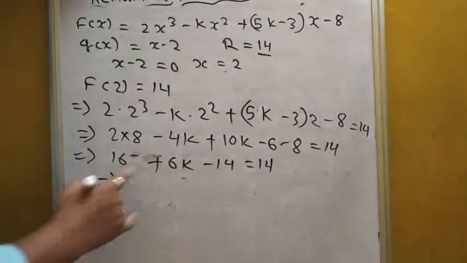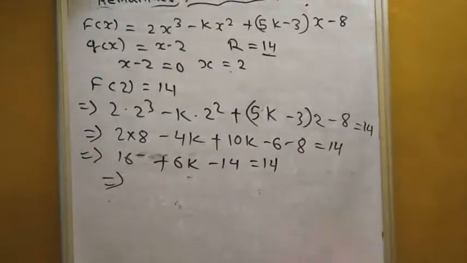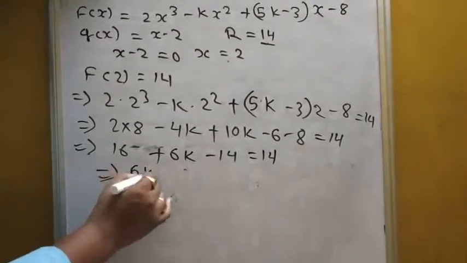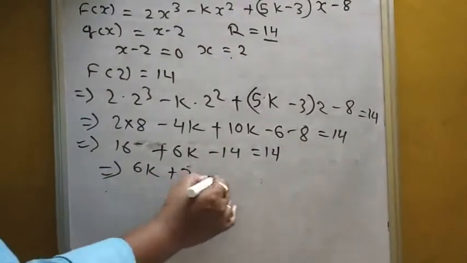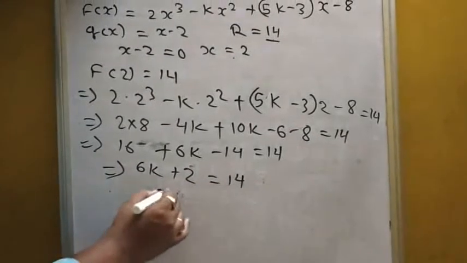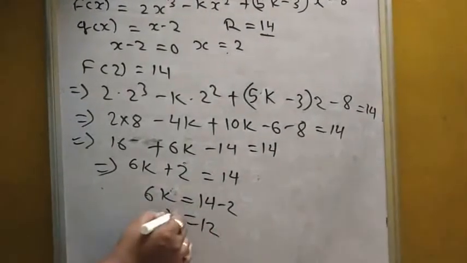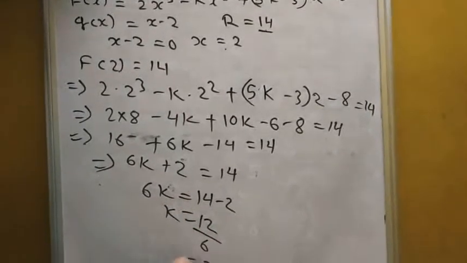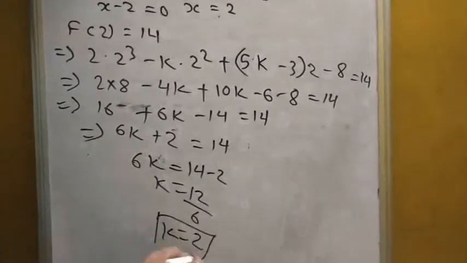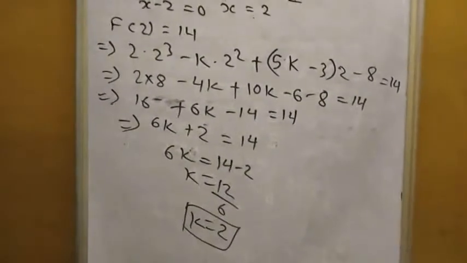So how much? 16 minus 14 equals 2. 6k plus 2 equals 14. 6k equals 14 minus 2 equals how much? 12. Therefore k equals 12 by 6 equals 2. Therefore k equals how much? 2 you are getting.